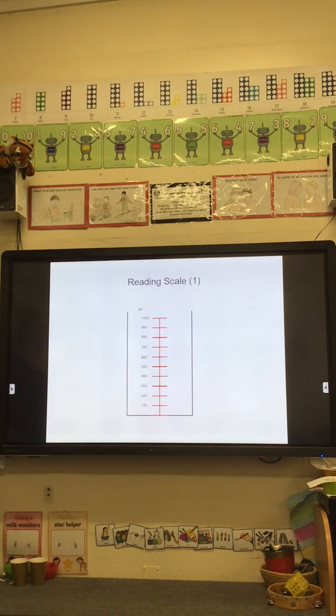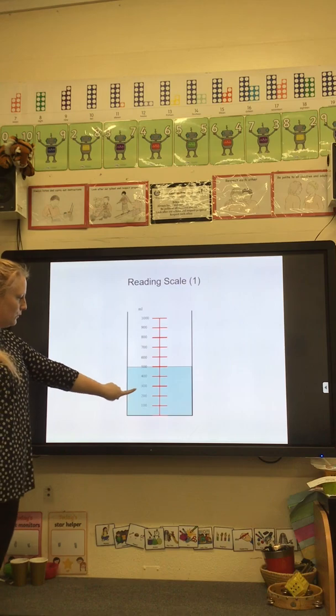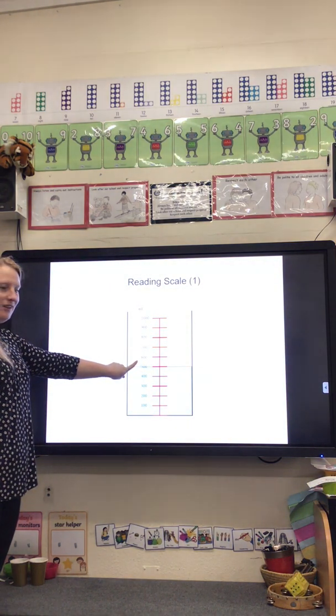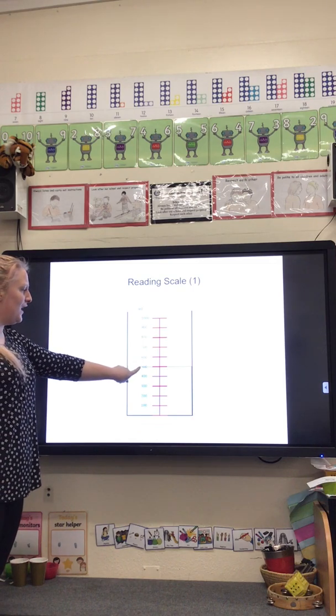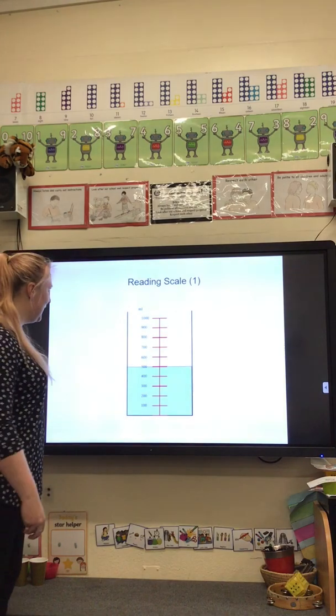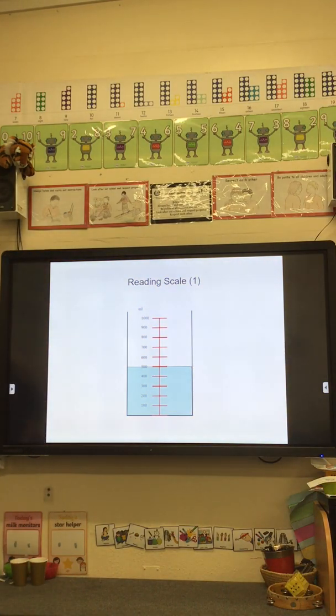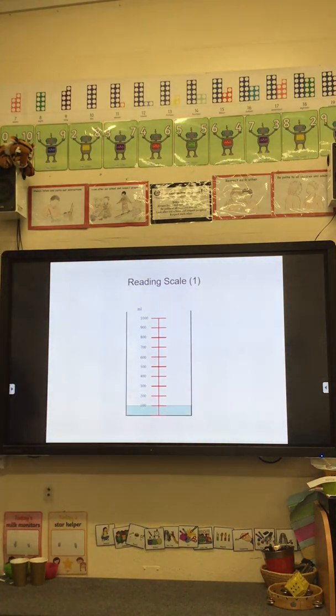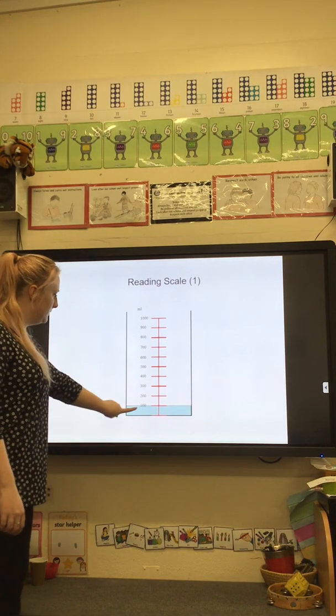Okay, here we go. We're going up in 100s again. What have we got this time? What have we landed on? 500. 500 millilitres. Okay, here we go. 100s again. Let's see what we're going to land on. Ooh, a smaller amount of liquid this time.